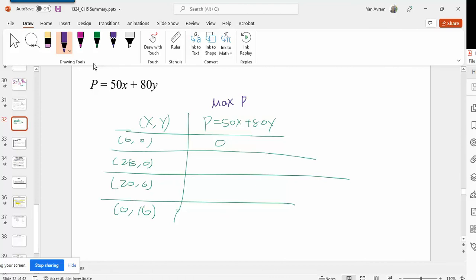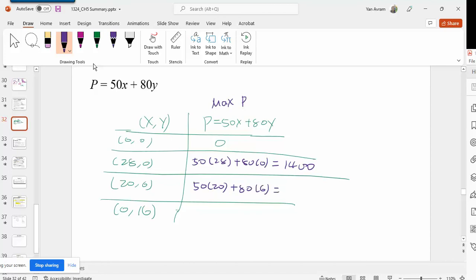So if you plug x is 28 here, that's 50 times 28 plus 80 times 0. So you can give this one a quick calculation in here. 28 times 50 gives you 1400, okay? And then this one will be 50 times 20 plus 80 times 6.